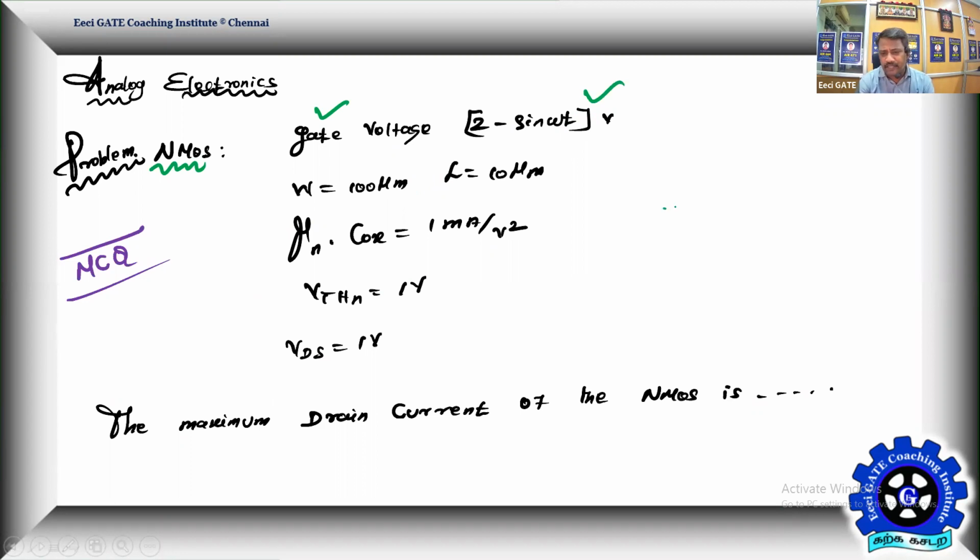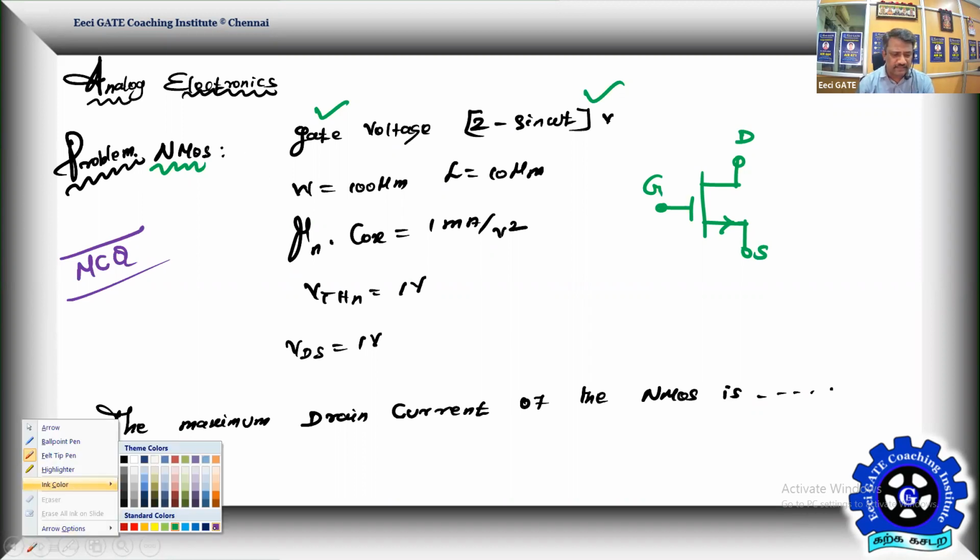That means you need to imagine immediately an NMOS having 3 terminals. This is the gate, and this is your channel between drain and source. That's the analog circuit symbol of an NMOS. What is given is that the gate is excited by 2 minus sine omega t, so the gate voltage is given.